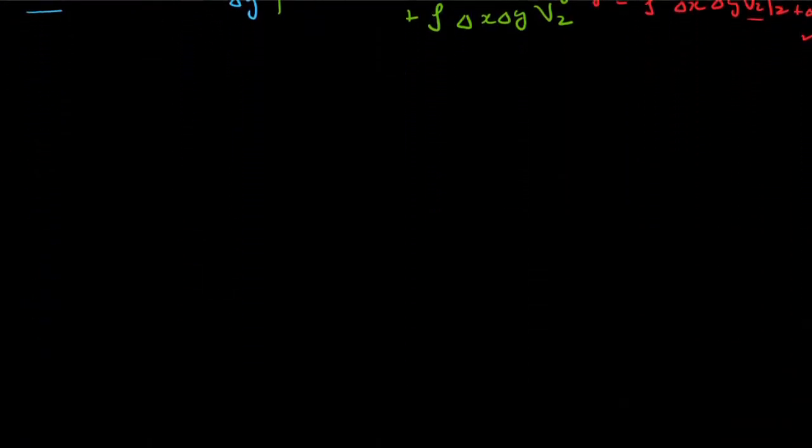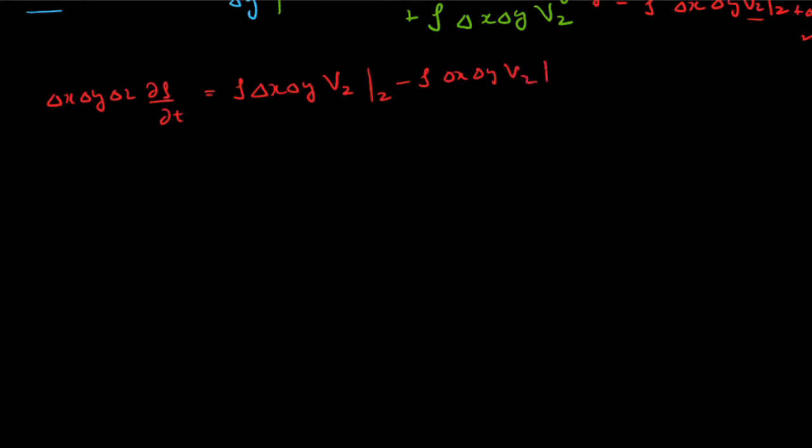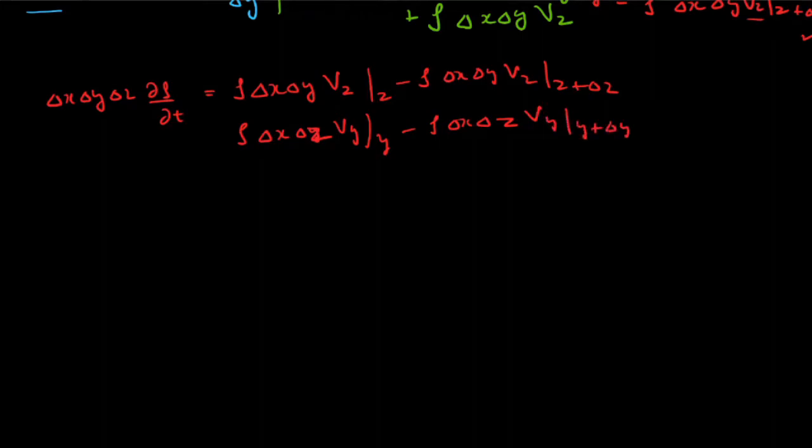Now we will combine these terms and see what we get when we write this whole equation. We get delta x delta y delta z del rho by del t equal to rho delta x delta y Vz at z minus rho delta x delta y Vz at z plus delta z, plus rho delta x delta z Vy at y minus rho delta x delta z Vy at y plus delta y, and then rho delta y delta z Vx at x minus rho delta y delta z Vx at x plus delta x.